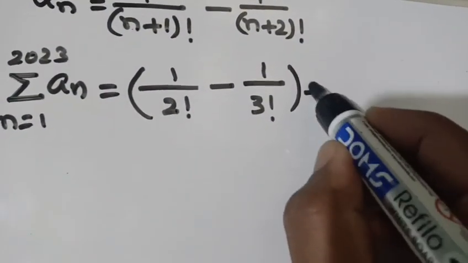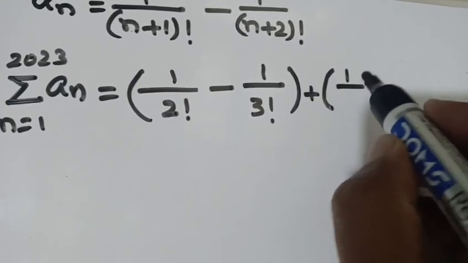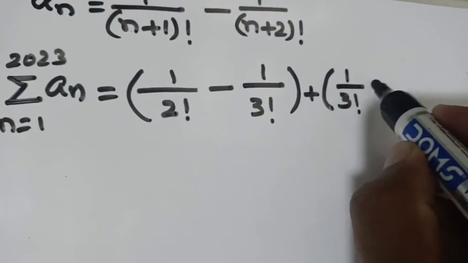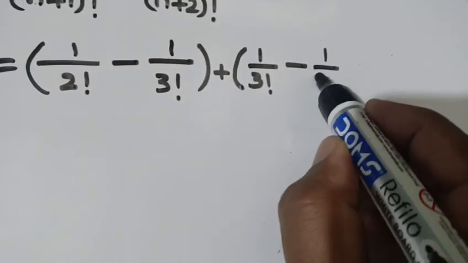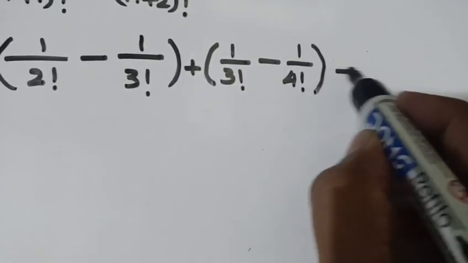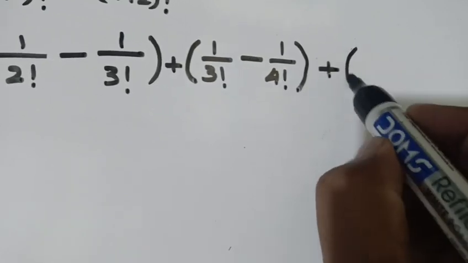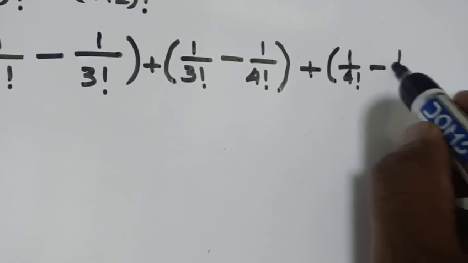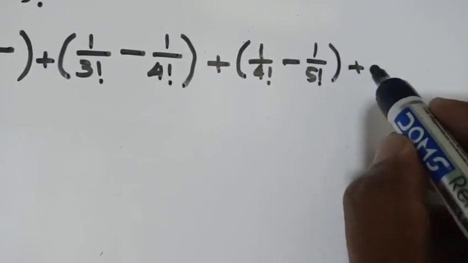And the second term is when n is equal to 2, 1 by 2 plus 1, 3 factorial, minus 1 by 4 factorial. And the next third term in the given expression becomes 1 by 4 factorial minus 1 by 5 factorial, and so on.